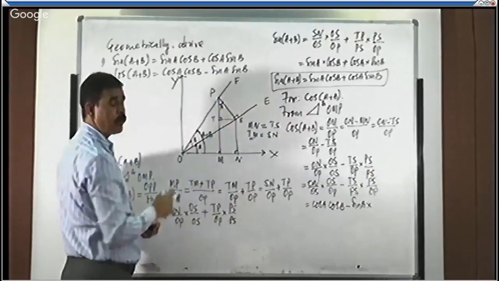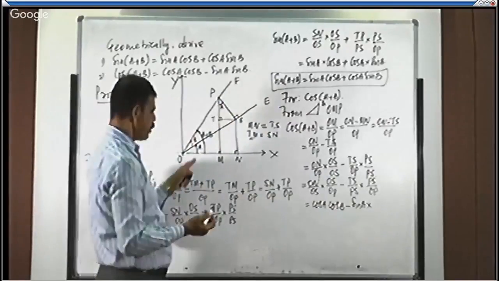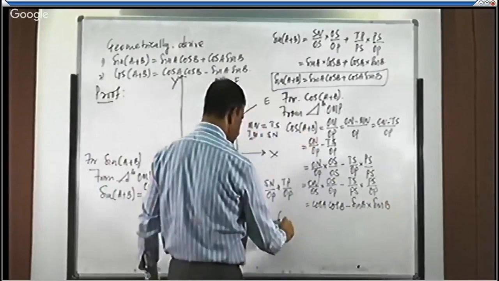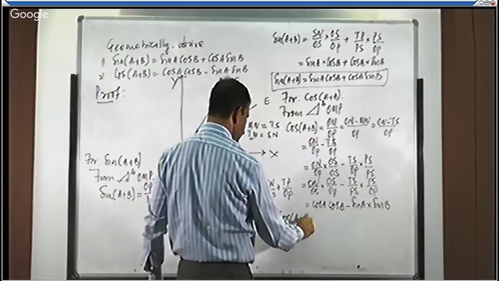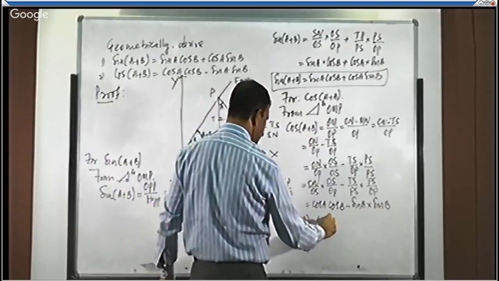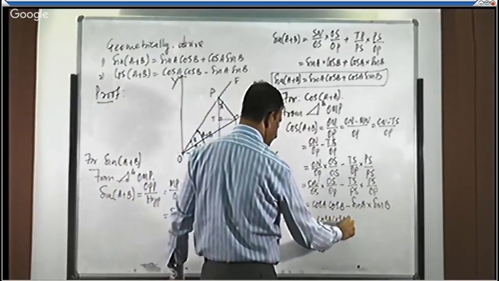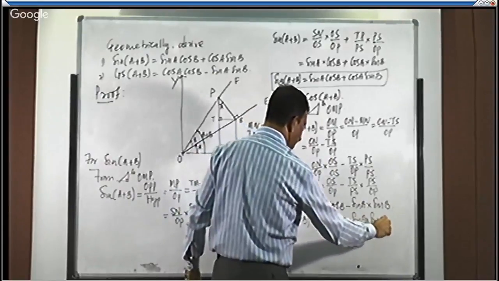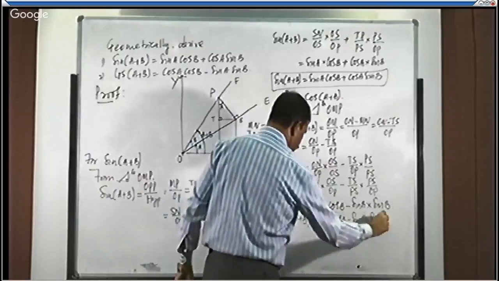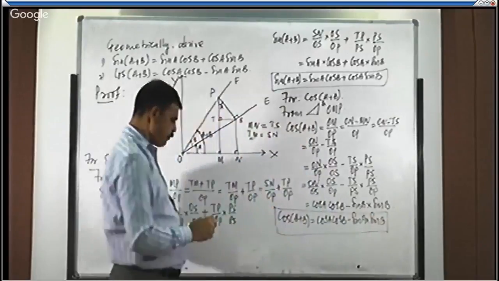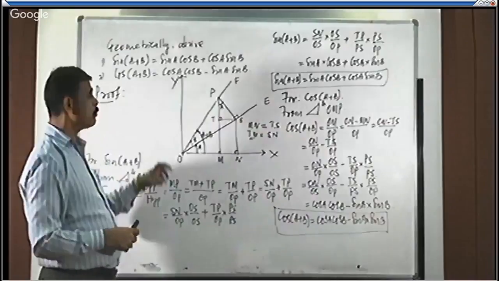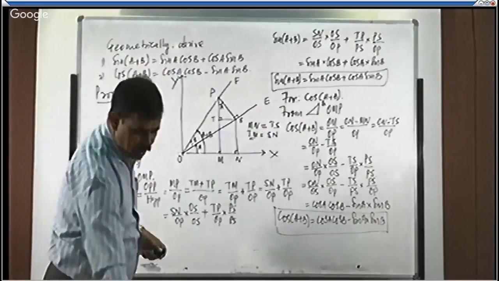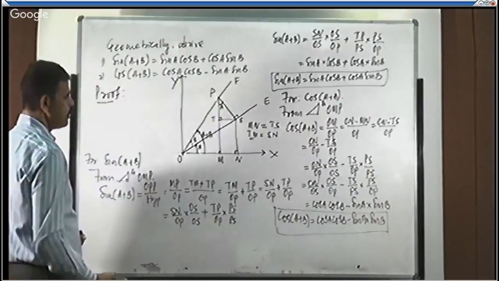Opposite side by hypotenuse side is sine. Angle is B. Sine B. So we got cos of A plus B is equal to cos A into cos B minus sin A into sin B. This is called derivation of sin of A plus B and cos of A plus B geometrically, which will be important for examination point of view, right?